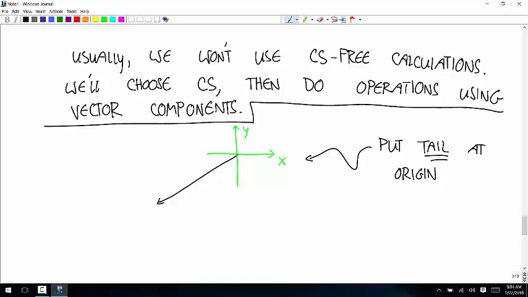So in this case, that's a vector parallel to the x-axis. And then there's a vector parallel to the y-axis.